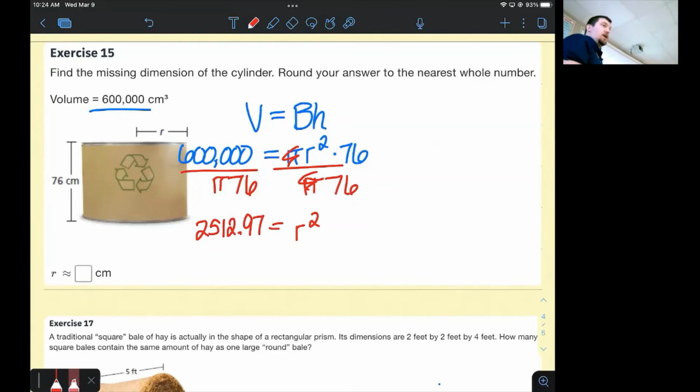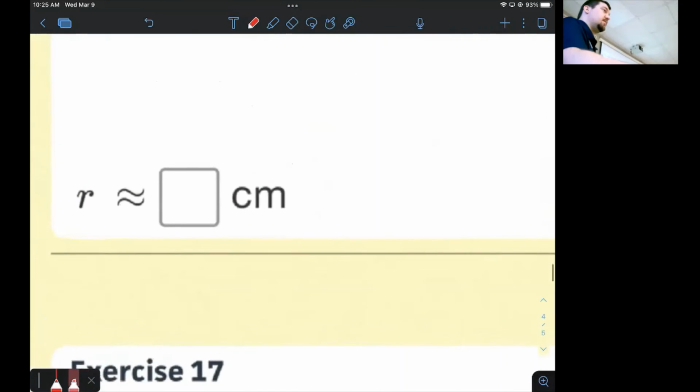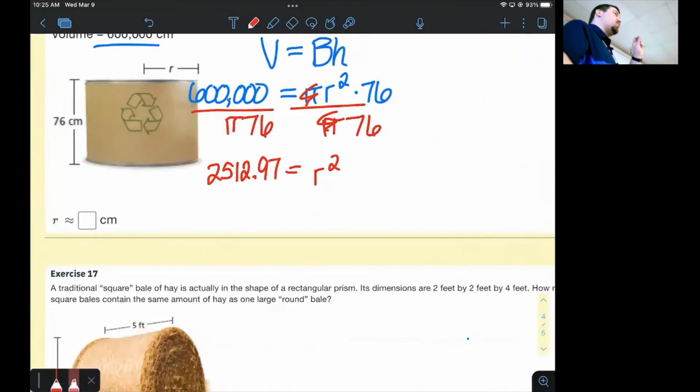Am I looking for r or am I looking for r squared? I'm looking for r, all right? Didn't it say find the radius? So if I know the radius times the radius is 2,512.13, or whatever you want to round it to, how do I find out what just the radius is?